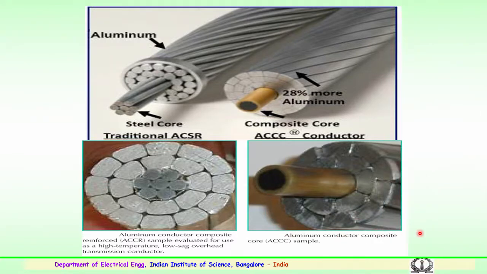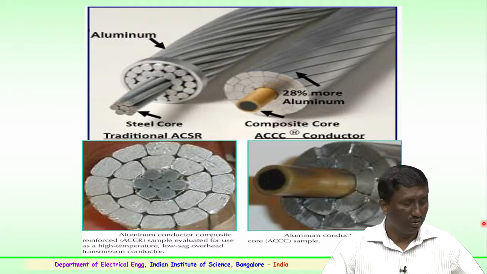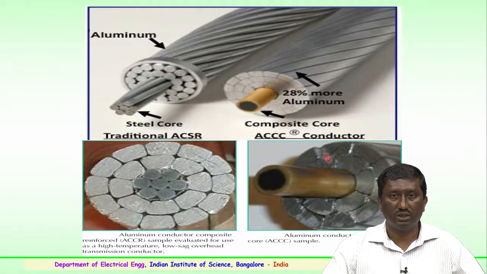Here the conductor with composite core helps with higher temperature, more current carrying capability, lesser skin effect and so on. Very important, this will help the distribution system to transmit more power in comparison to the standard ACSR type conductors.